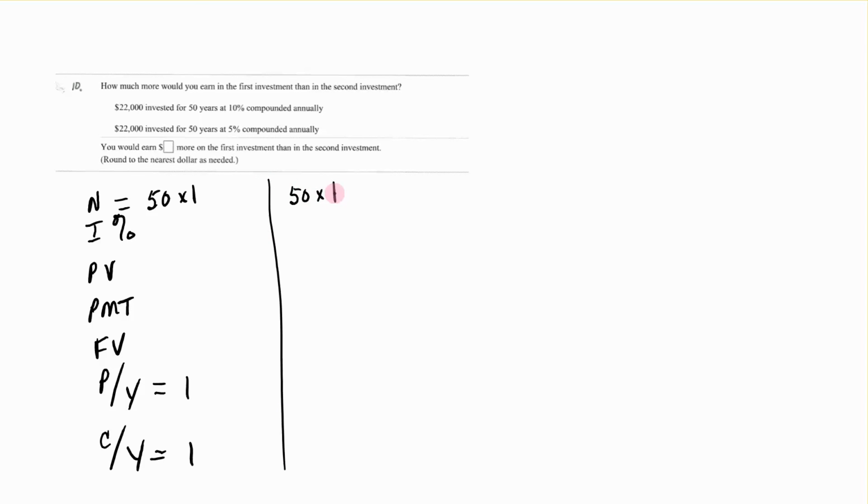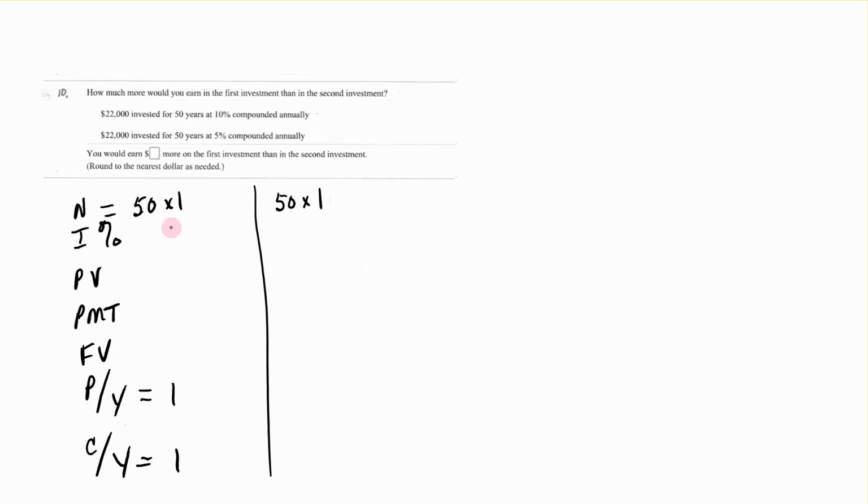The interest rate for the first one is 10%, and for the second one is 5%. Both of them have a present value of $22,000. Zero payment, looking for future value, and this one was annually also.